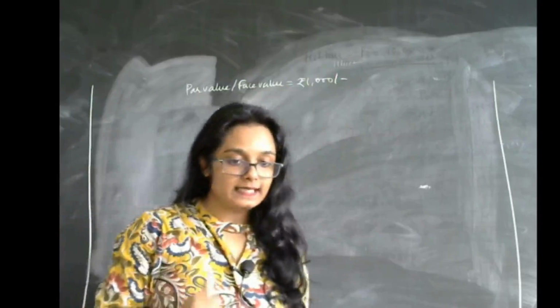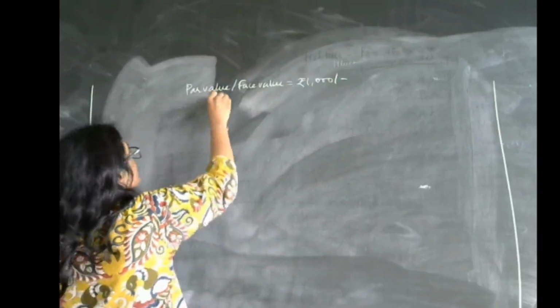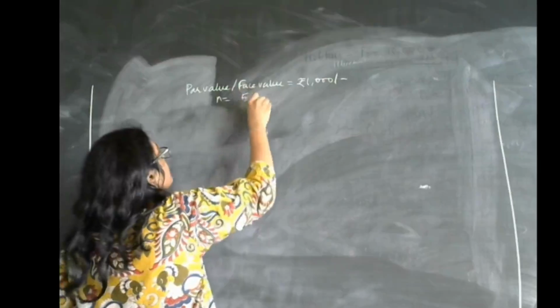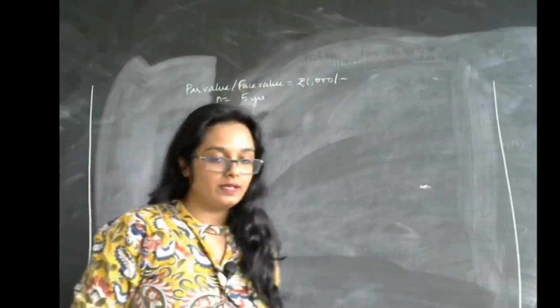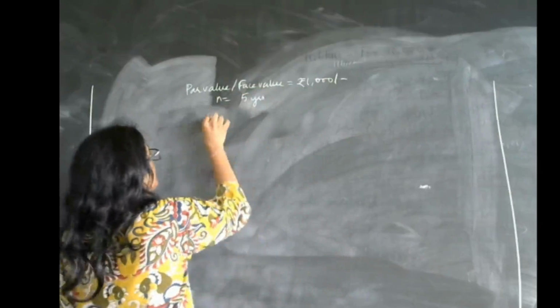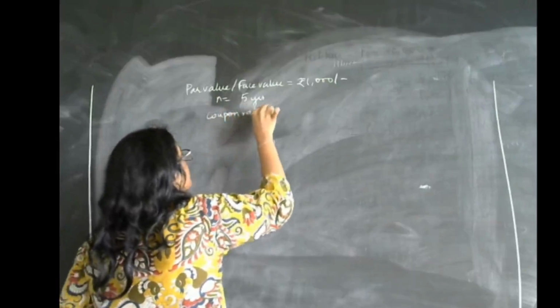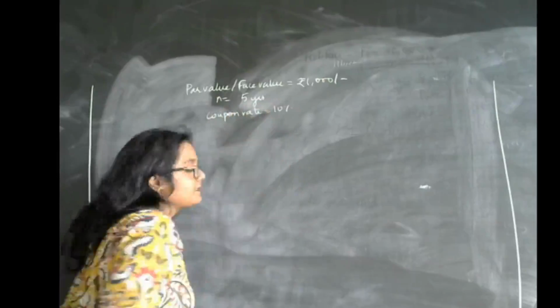Secondly, it is issued for how many years? It is issued for 5 years. Then the coupon rate is 10%.